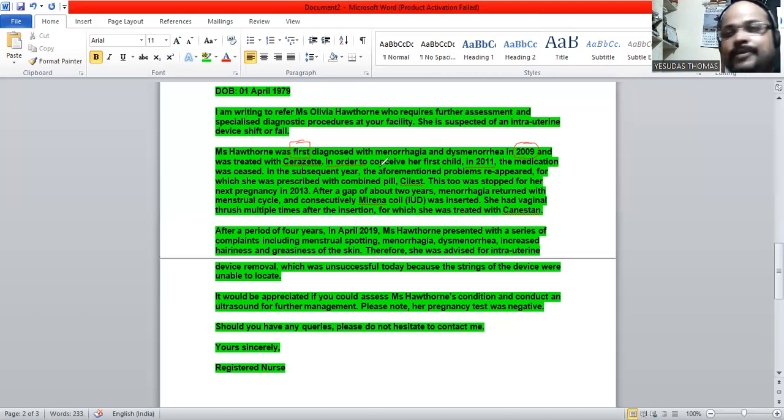She wanted to conceive her first child, so the medication was ceased. In the subsequent year, 2011, 2012, so the connection is clear, the aforementioned problems reappeared.